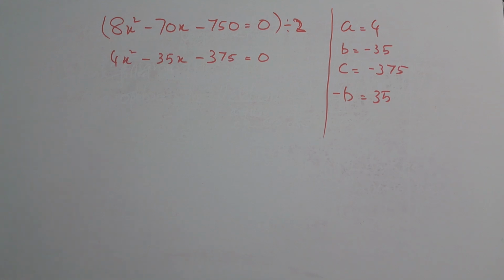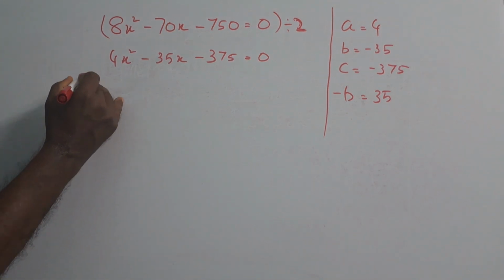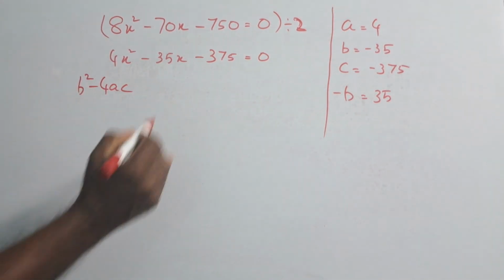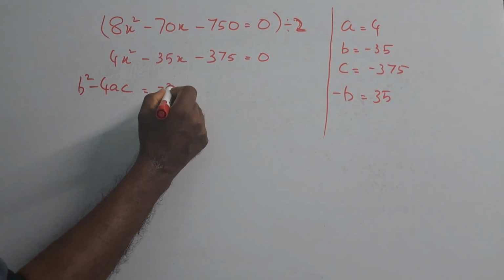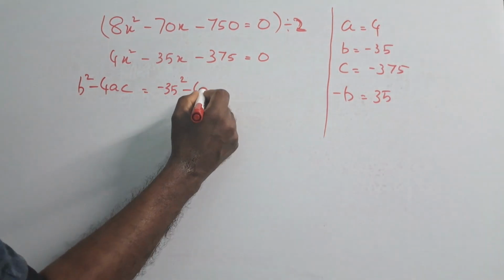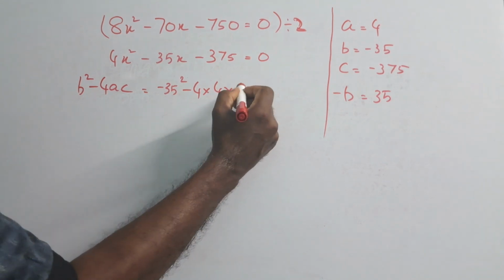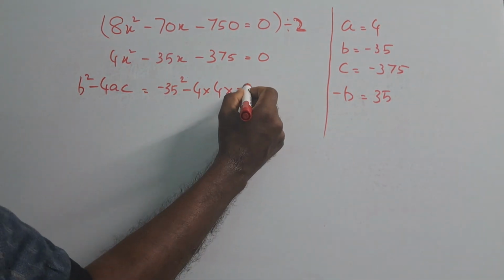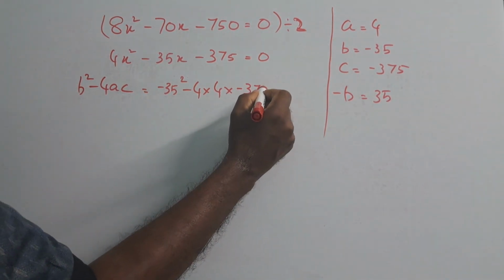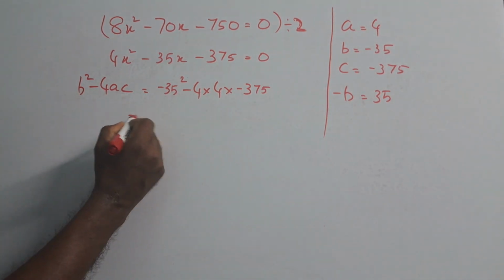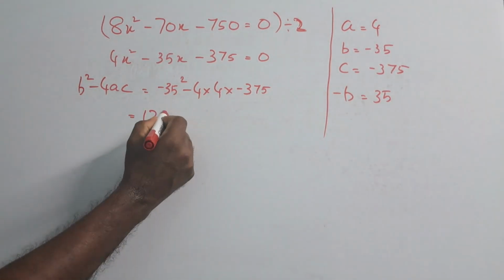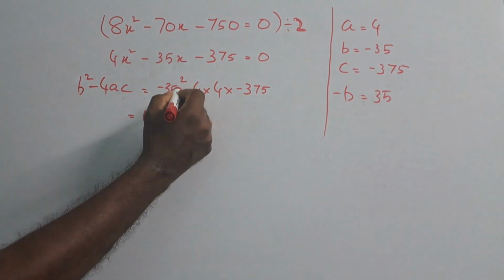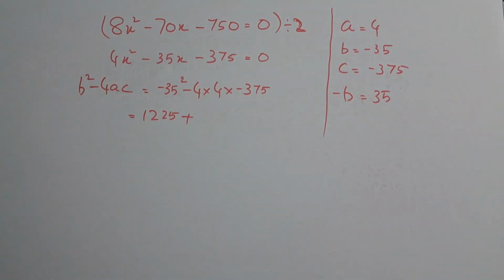Now b square minus 4ac. The discriminant is equal to minus 35 square minus 4 into 4 into minus 375 equals the square of 35, which is 1225, plus minus 4 into minus 375, which is a positive number.